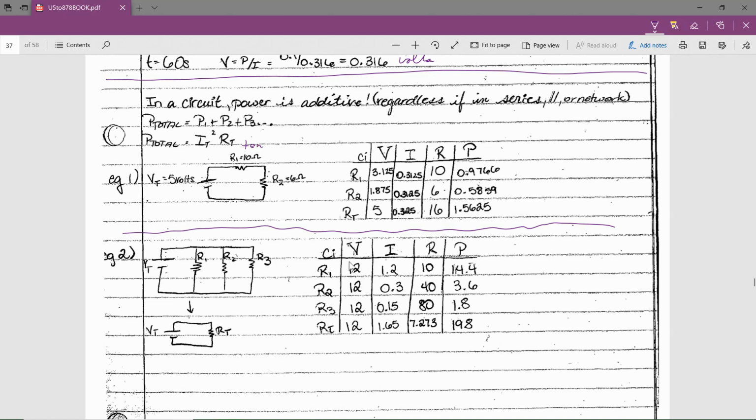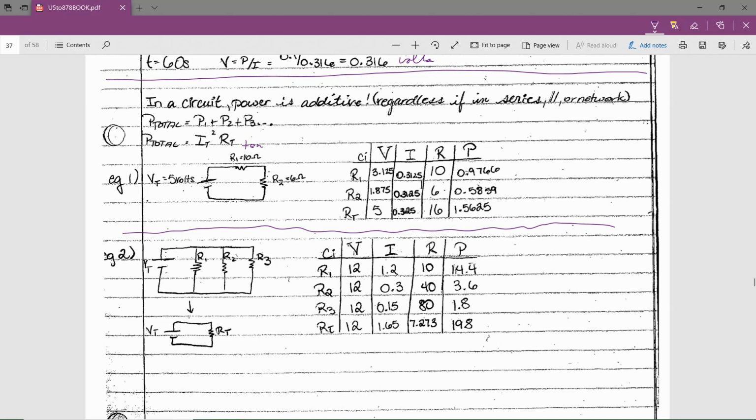My voltage is 5, so my current is 0.3125 amps going through the whole system. So that's 0.3125 amps through R1 and through R2. Then the voltage across each is I times R, so 3.125 and 1.875.